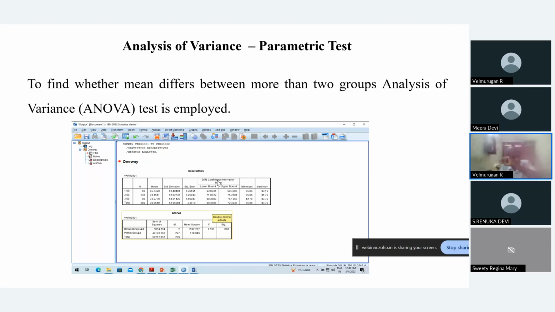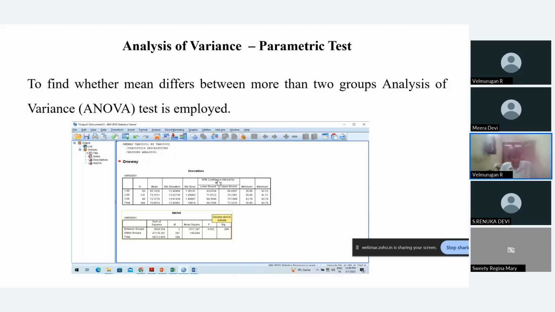So, to measure whether the mean differs across more than two groups, we can employ analysis of variance. Or you can even classify education as 10th standard, 12th standard, diploma, UG, postgraduate, professional. Here we have classified the groups into more than two groups.